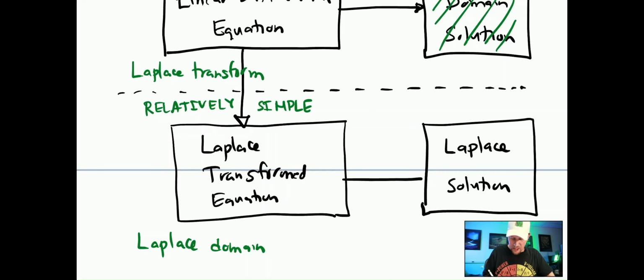And the step in going from the equation that we want to solve to the solution in the Laplace domain is also relatively easy. Why? Because all we require is algebra, right? And everybody here knows how to solve equations that are algebraic in nature.